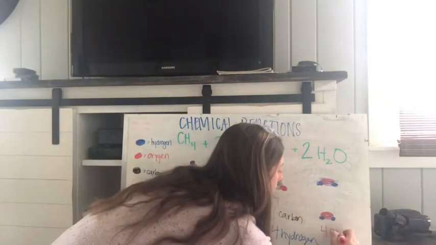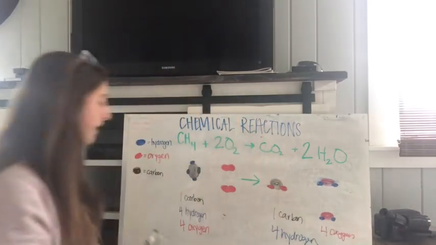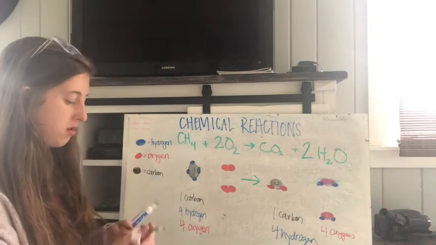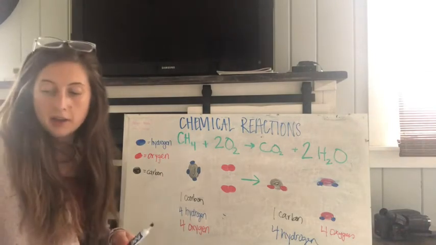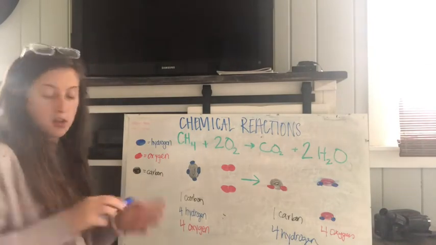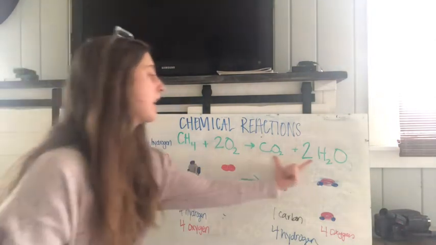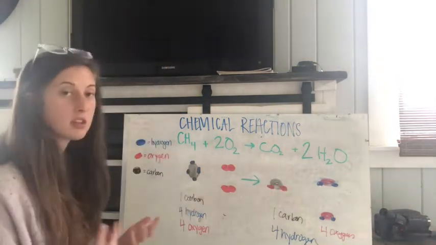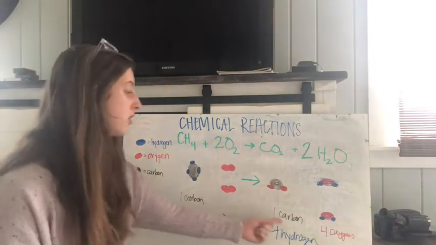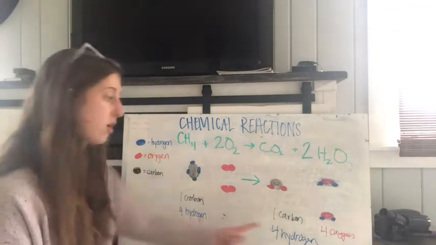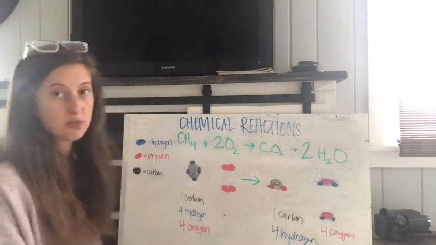We have 4. Now, what do you notice about the number of each type of atom between the reactants and the products? They stayed the same, right? We still have one carbon before and after. We have 4 hydrogen before and after, and we have 4 oxygen before and after.